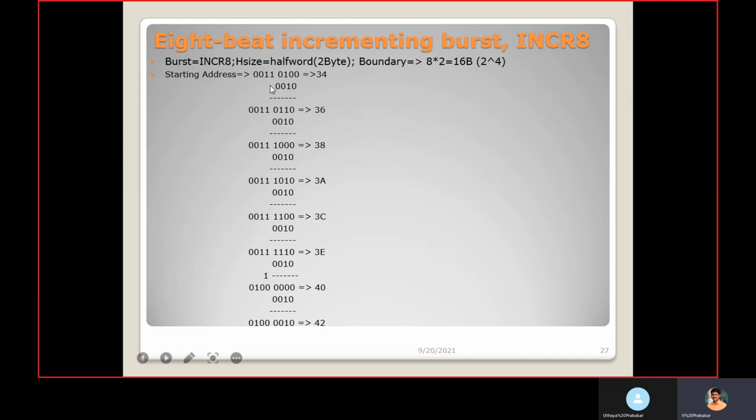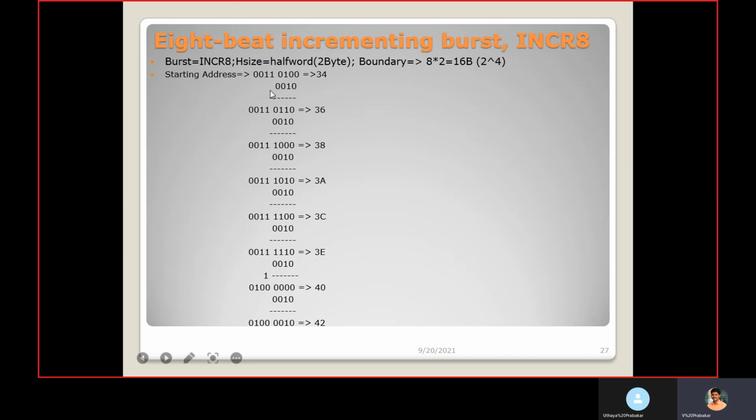Here we won't consider this one because it is incrementing. If it is a wrap, we need to consider this one. It can accept only 4 bits, so when it goes beyond 4, we need to neglect that. But here it is increment, so we can continuously add, carrying the remainder here.